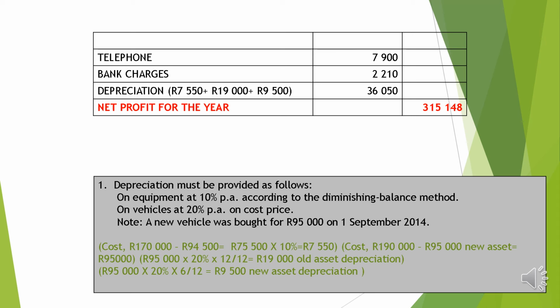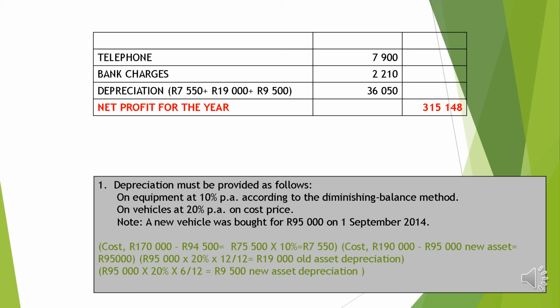It means that this amount of 95,000 is part of this historical cost for vehicles. And the historical cost for vehicles as per the pre-adjustment trial balance is 190,000. 190,000 minus 95,000, the historical cost of the new asset, then you get 95,000 again.